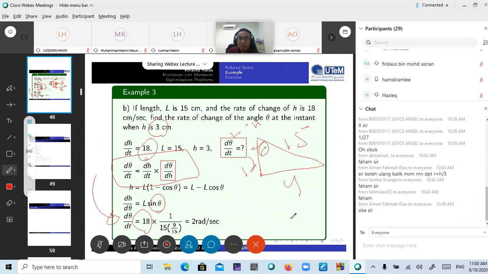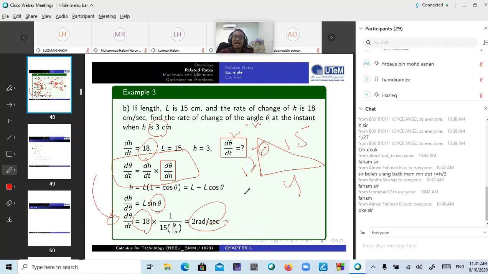By using teorem Pythagoras, x square plus y square equal to z square. That's why sini akan dapat 9 per 15. Okay, so simplify this one, you can get 2 radian per second. That is answer for example 3B.